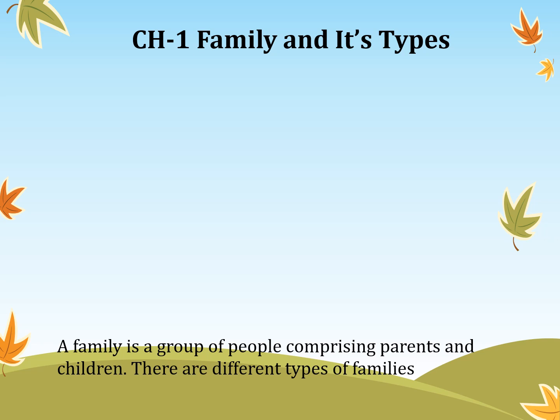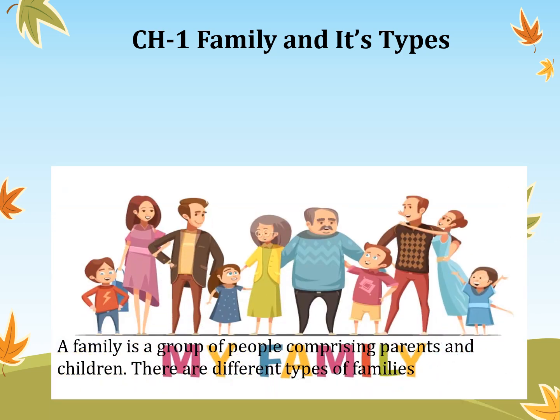There are different types of families. In some families, it refers to relatives and their dependents. Dependents means such as your grandparents, your uncles, your aunts, cousins, and they all live in one house. Members of the family live together in one house. How? You can see now.